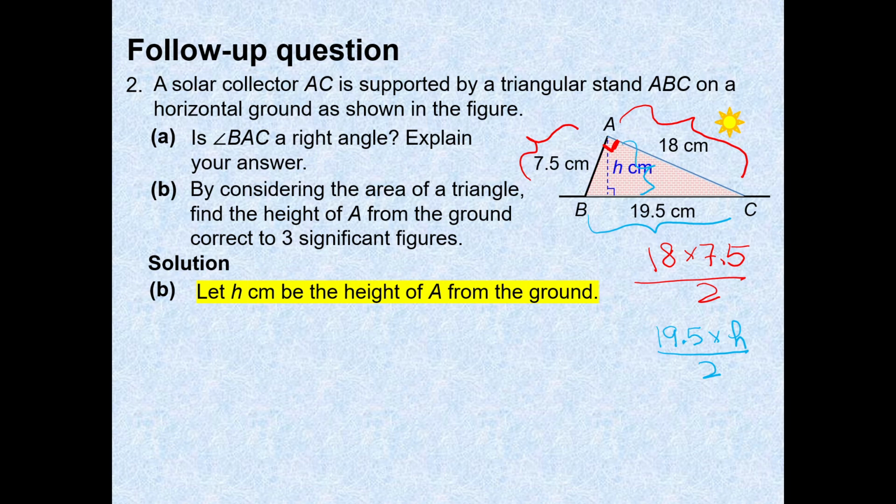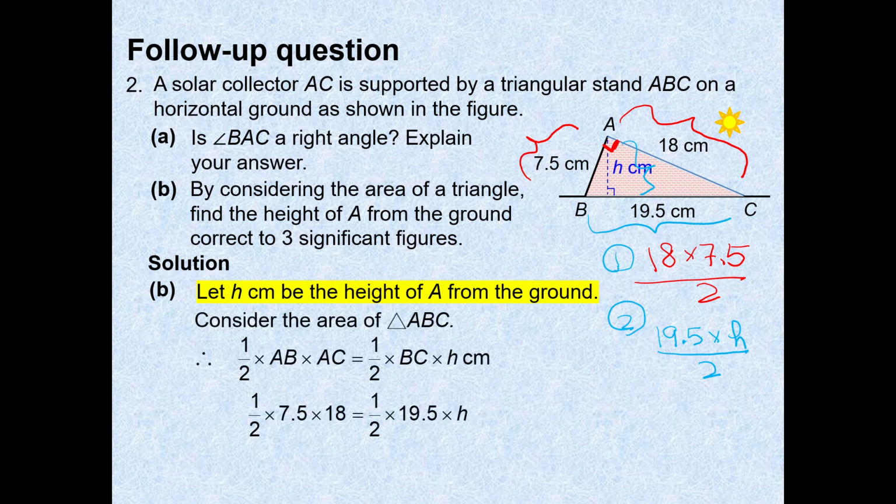Because we are talking about the same triangle, no matter whether we use approach 1 or approach 2, the area should be the same, right? So we can set up the equation like this. This is our second approach, where this is our first approach. So by solving the equation, we know that h will be 6.92.